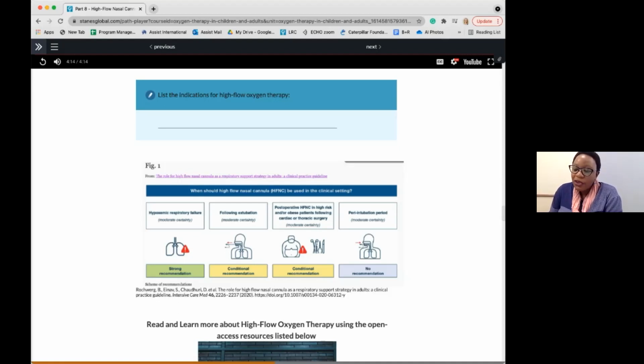So one, you want to use this in severe hypoxemic respiratory failure without hypercapnia. Typically, in the situation that we're in, COVID pneumonia is a good example. Community-acquired pneumonia, this device can also be used.